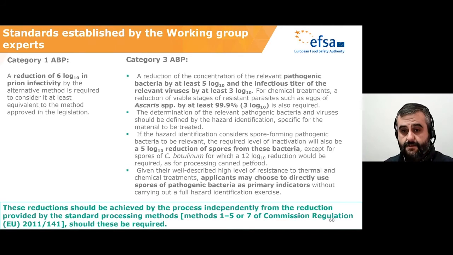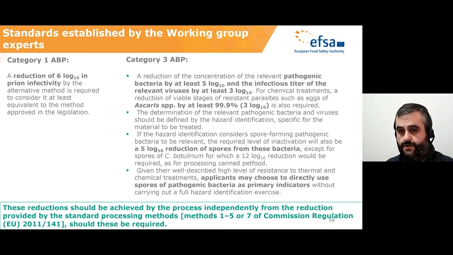There is a possibility: if an applicant sees that the process they are going to apply is, imagine, applying very high temperatures and very high pressures for a very long time, so it seems to be a very stringent process, and the applicant is confident that a good level of inactivation will be achieved for bacterial spores, even if they may not be present in the material, the applicant may decide to directly address spores in their application.